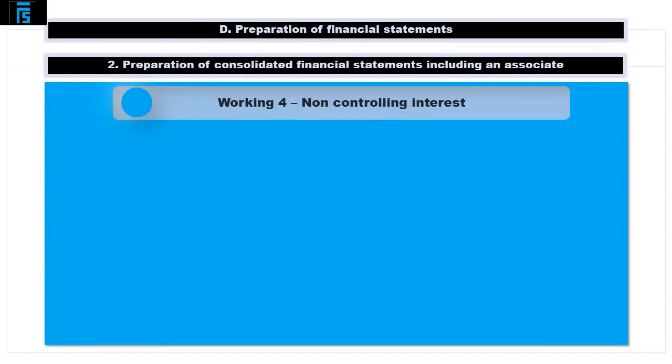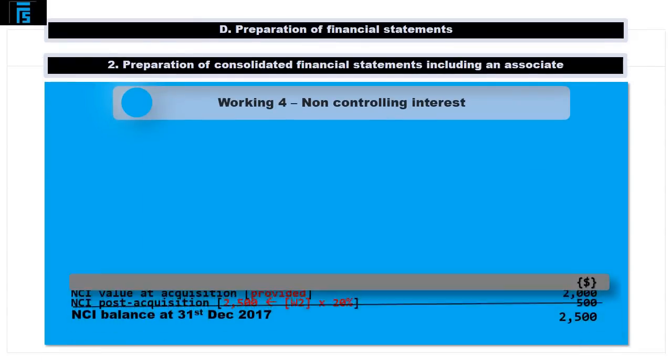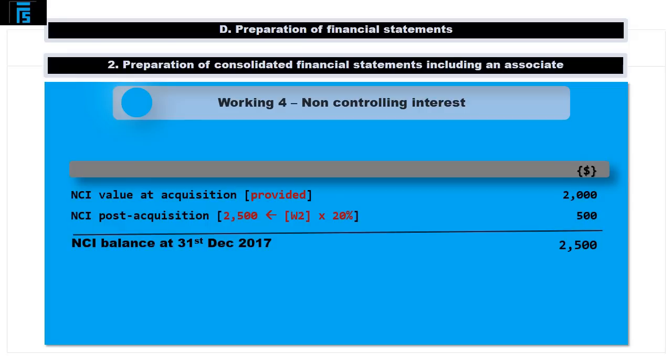The fourth working begins with the non-controlling interest value at acquisition, and that's the €2,000 already identified as part of working 3. To this we must add the NCI's share of the subsidiary's post-acquisition reserves, and that's 20% of the post-acquisition column total from working 2, so 20% of 2,500, which gives another €500.